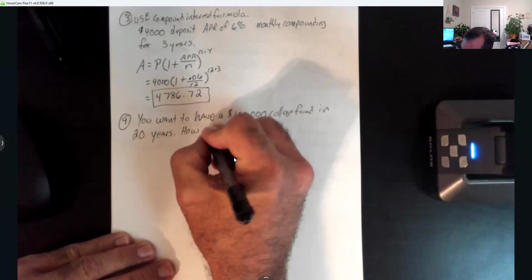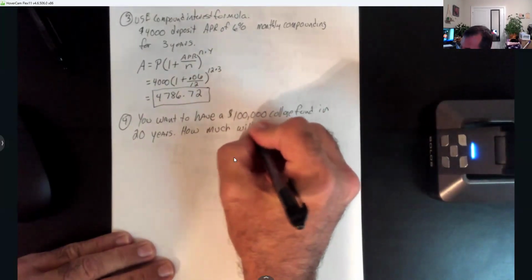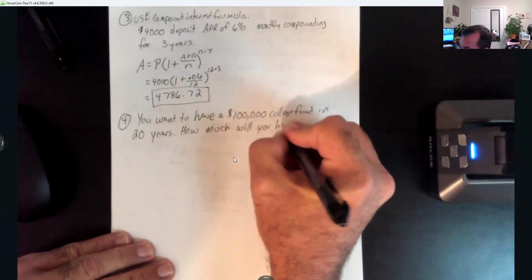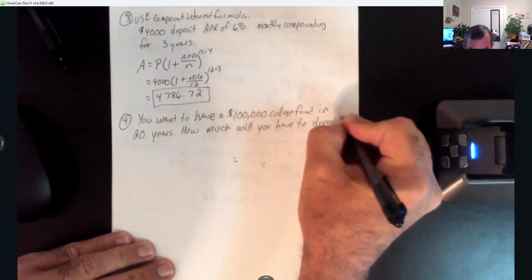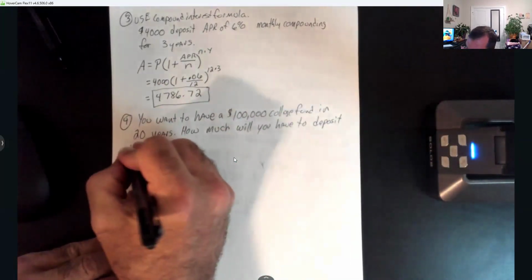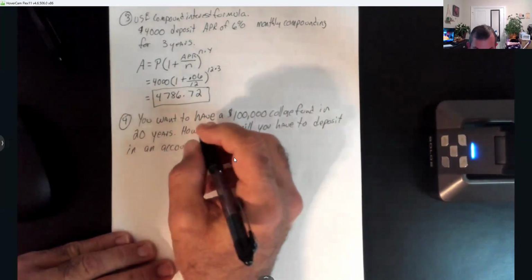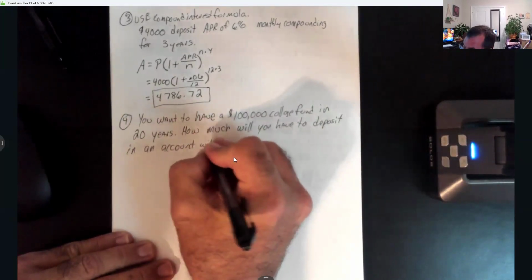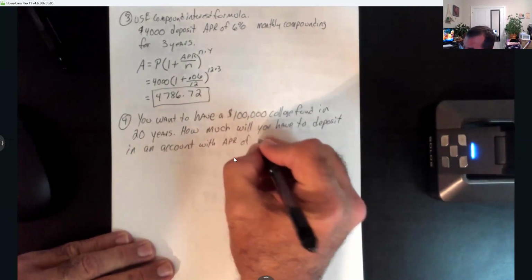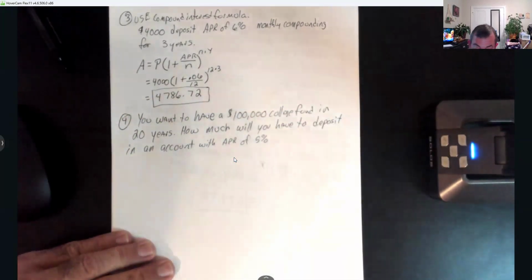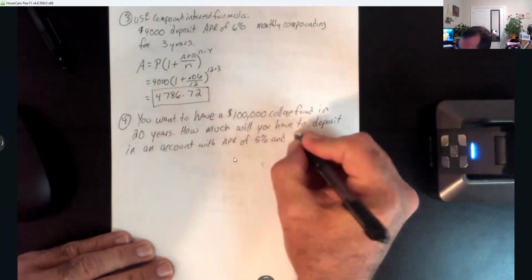How much will you have to deposit in an account with an APR of 5% and daily compounding?